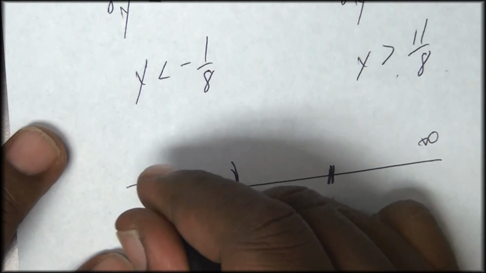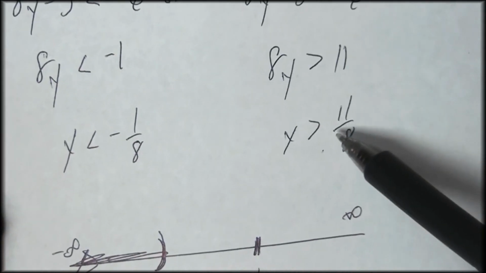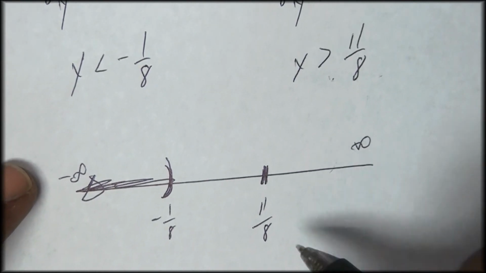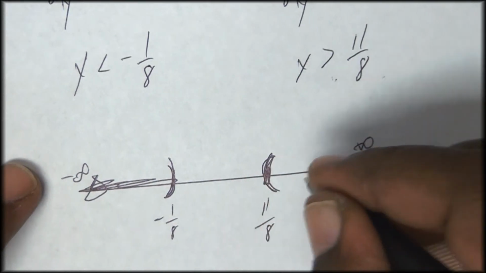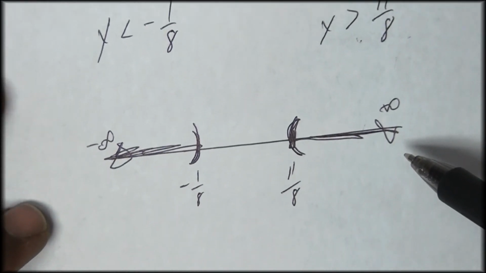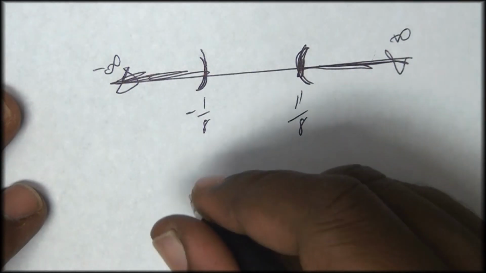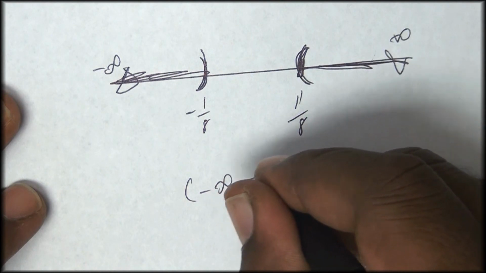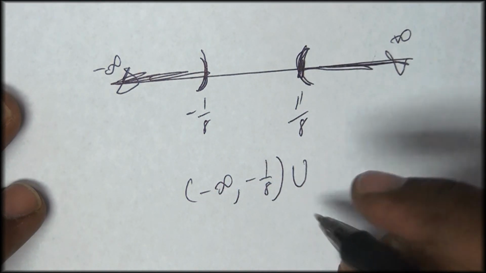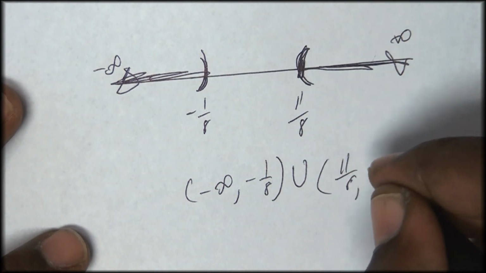Our line extends toward the left. Or we want all values for y that are greater than 11/8. So at 11/8 we have a parenthesis that faces the right. Our line extends toward the right. So our interval notation solution is the half open interval from negative infinity to -1/8, union the open interval from 11/8 to positive infinity.